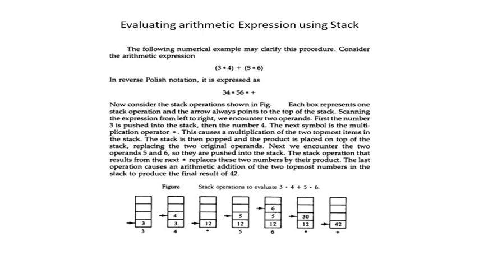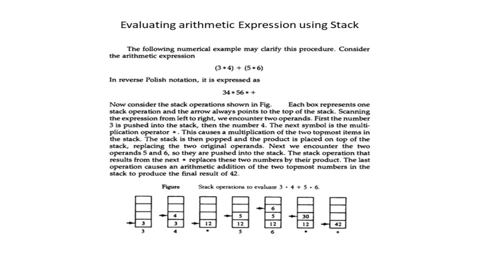While reading, if any operand is found, it is immediately pushed into the stack. First 3, and next 4. If an operator is found, you perform the operation using that operator and the result is loaded back into the stack. Here, in multiplication, you multiply 4 by 3, and the answer is 12.